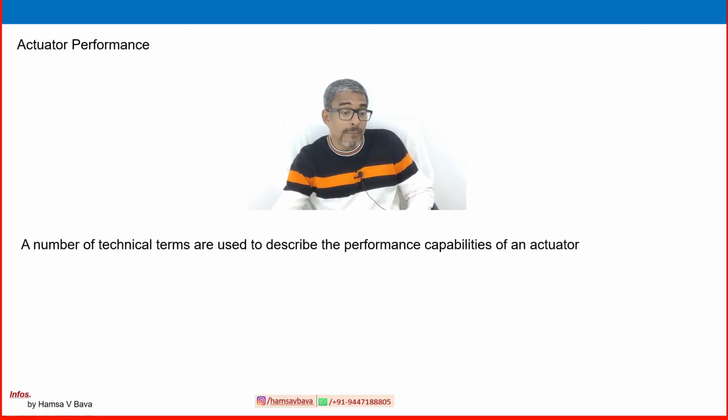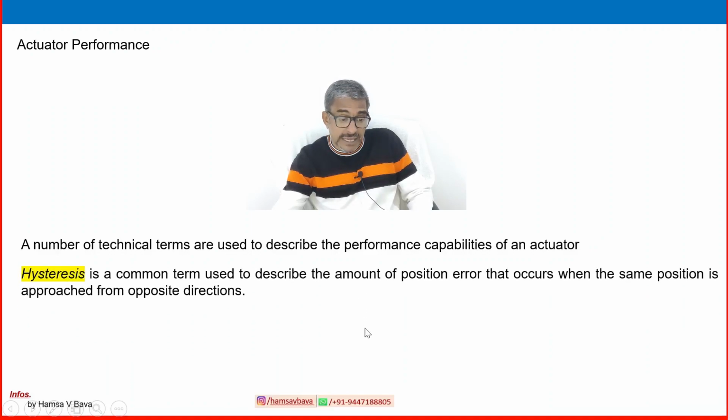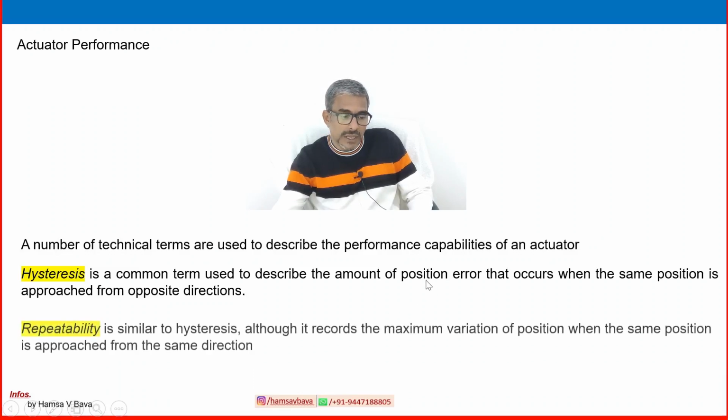Next, we consider a number of performance parameters for actuators. A number of technical terms are used to describe the performance and capabilities of an actuator. Hysteresis is a common term used to describe the amount of position error that occurs when the position is approached from opposite directions.